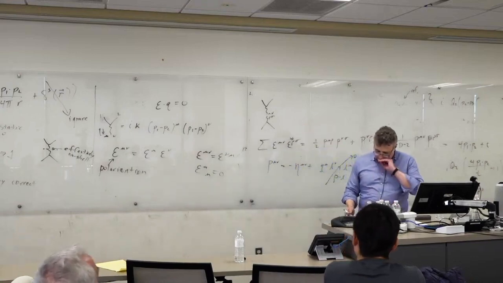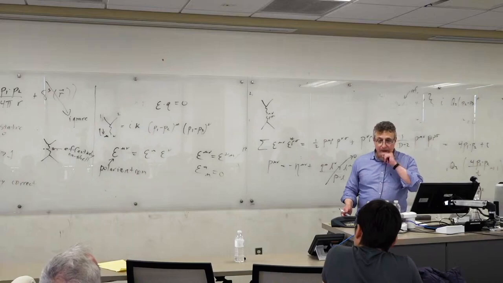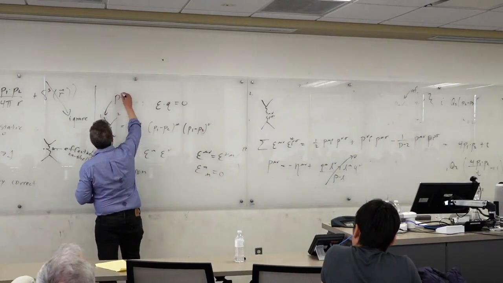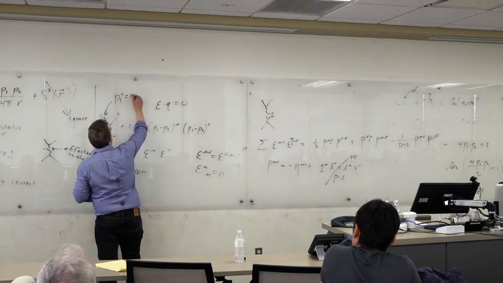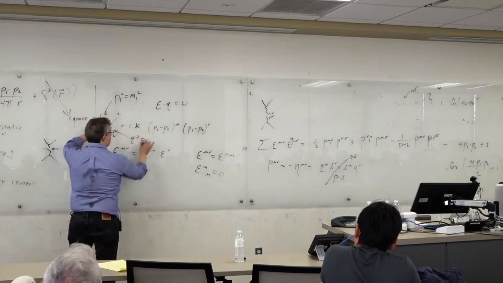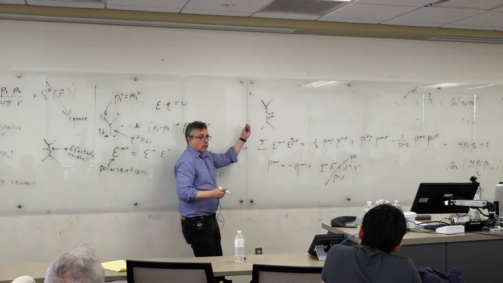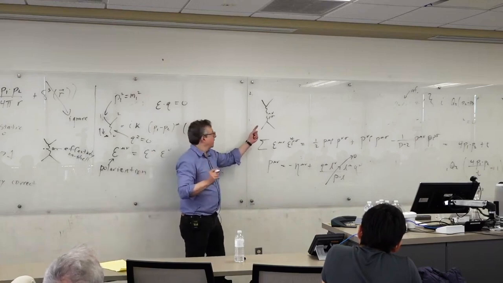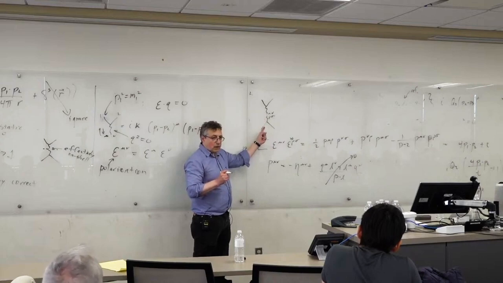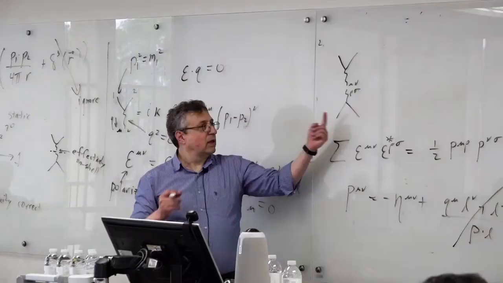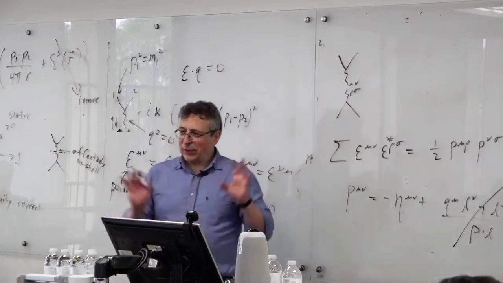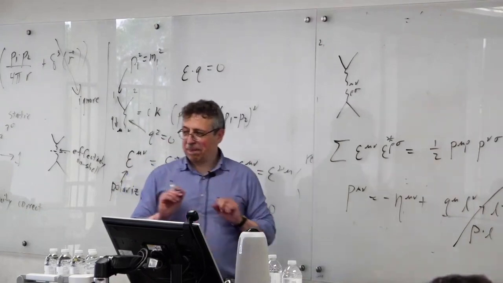Elaborate a little bit on the on-shell. Yes. So this satisfies p1 squared equals m1 squared. This thing satisfies q squared equals 0. The thing that's unusual about what I'm doing here is normally in a Feynman rule, this is an off-shell leg, right? An off-shell leg means that the diagram can, in general, be gauge dependent. The individual diagrams can be gauge dependent.